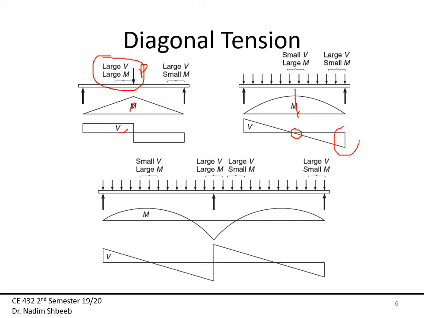On the other hand, at the reactions, I will have a very small moment value but a very large shear. Now, if I'm talking about continuous beams, then in this case I will again have small values for shear, larger values for M, and the combination like above.